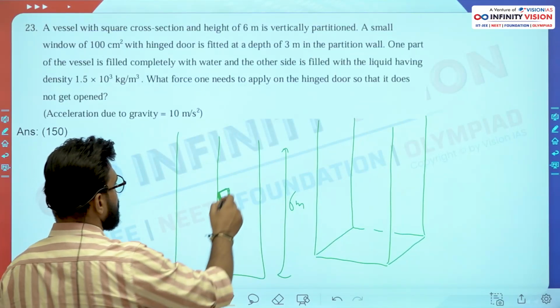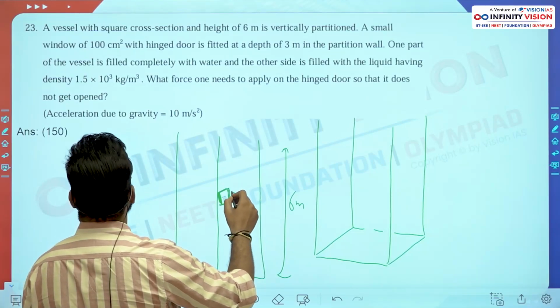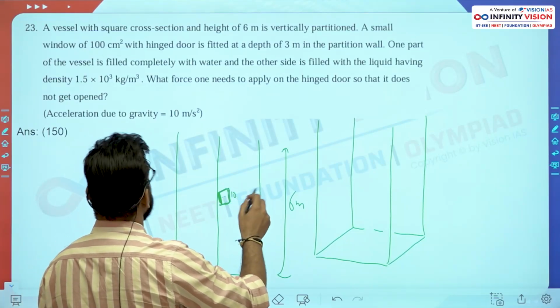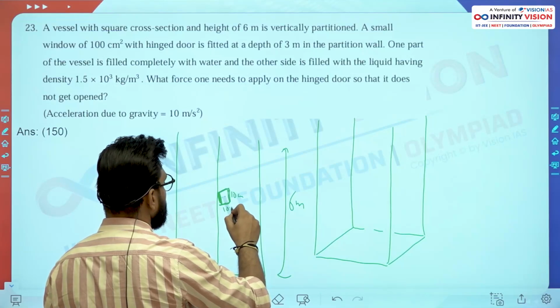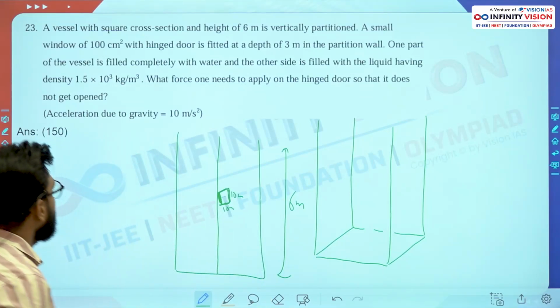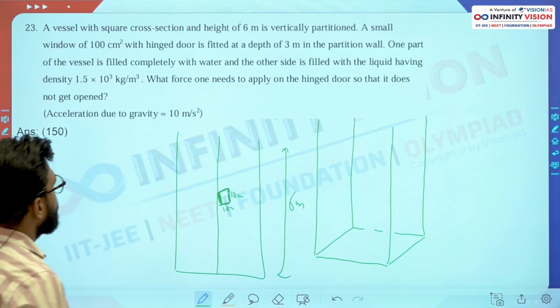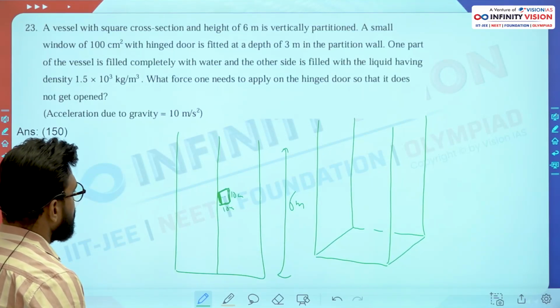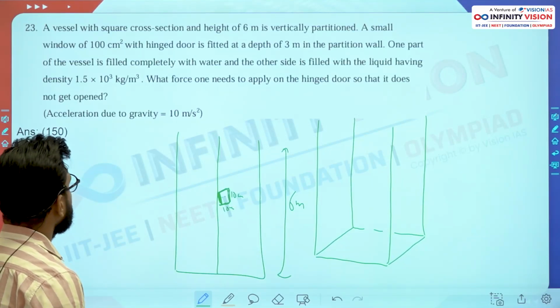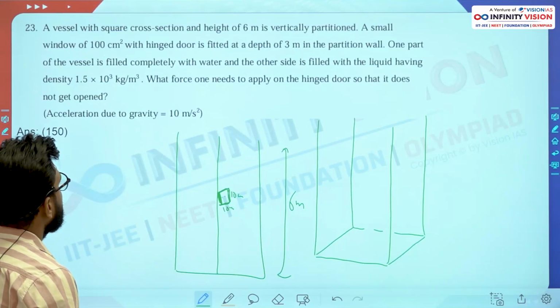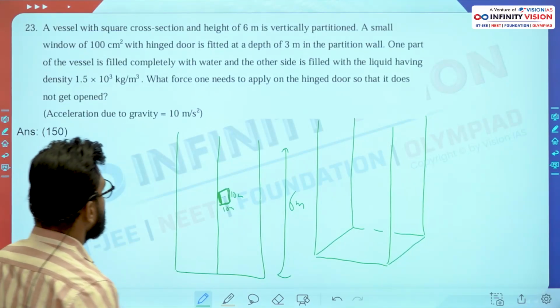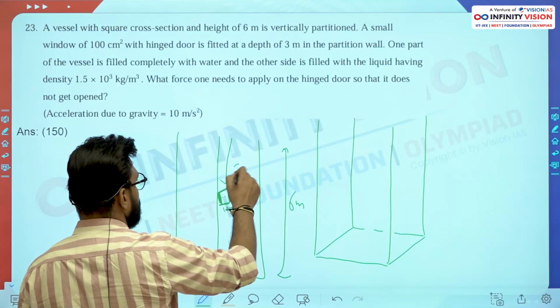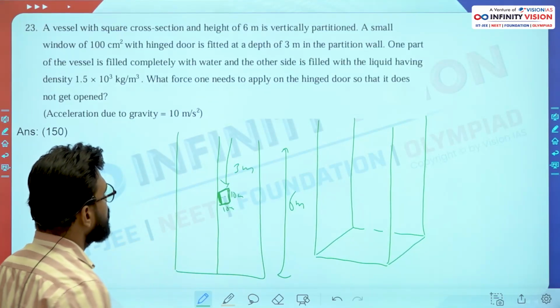So it has a length of 10 centimeter. That means its area is 10 centimeter by 10 centimeter, so the area is 100 centimeter square. We can take the length as 10 centimeter and breadth 10 centimeter. Now it is fitted at a depth of 3 meter, so the depth is 3 meter in the partition wall.